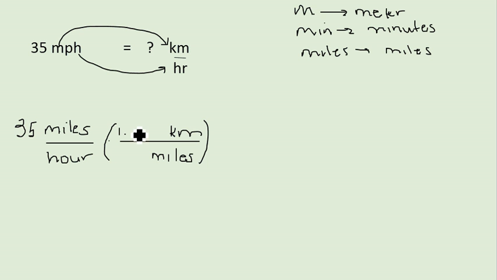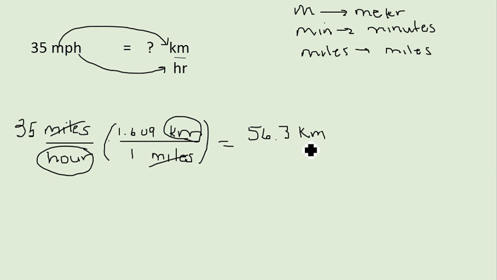We know that we have 1.609 kilometers for every 1 mile. Our miles cancel out. We get kilometers on top, and we already had hours on the bottom, so we don't have to do any converting there. And that turns out to be 56.3 kilometers per hour.